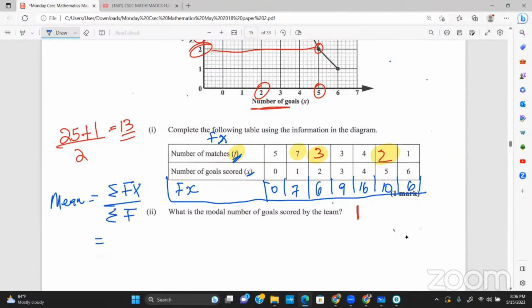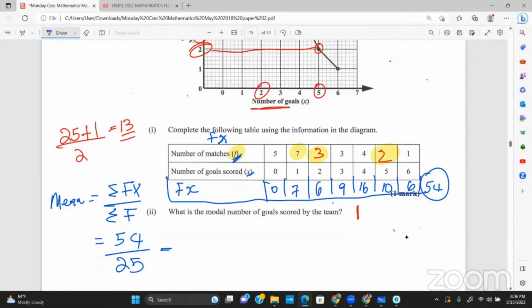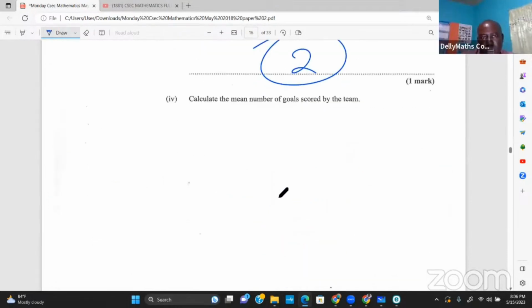54. How much did you get? 54. 54. And let me put it at the end right here. It's 54. So this is going to be 54 over how many? 25. 54 divided by 25, and we're getting 2.16. But was there a specific instruction or not? Calculate the mean, not necessarily.